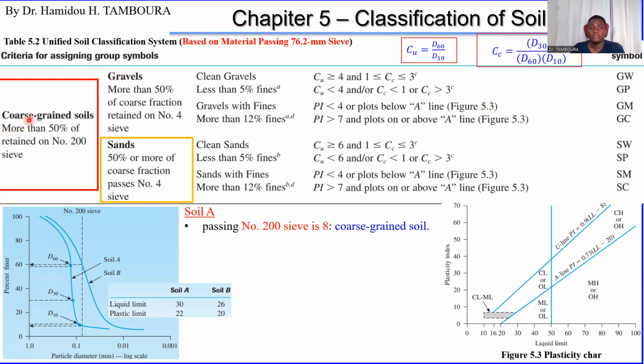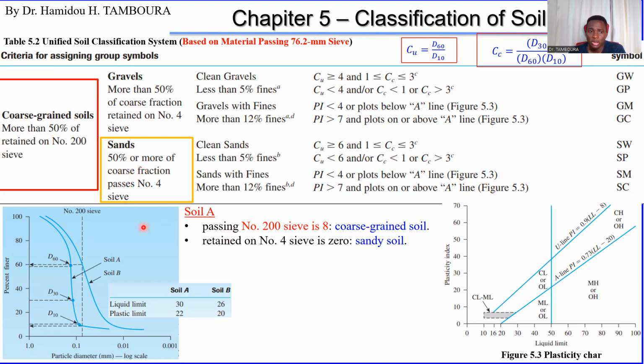And then we check sieve number 4. What is passing sieve number 4? It is 0. So in that case, we are here. Just remember, what is the opening of sieve number 4?